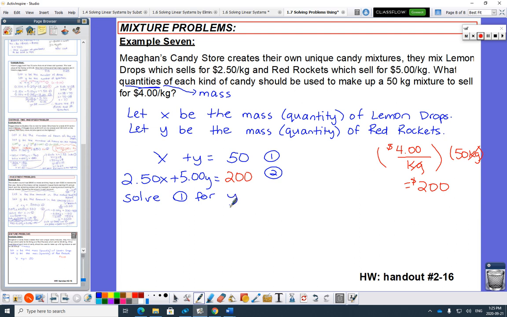I'll do Y this time. So 50 minus X. I solved in 1, so now I'm going to sub in 2.